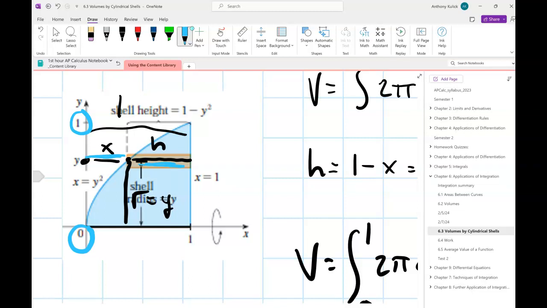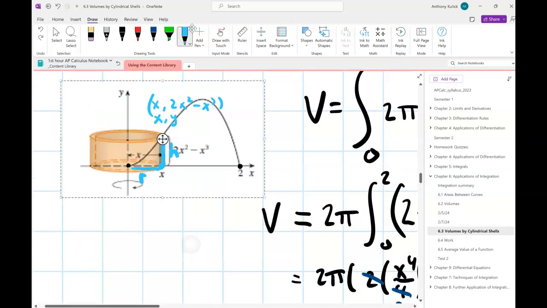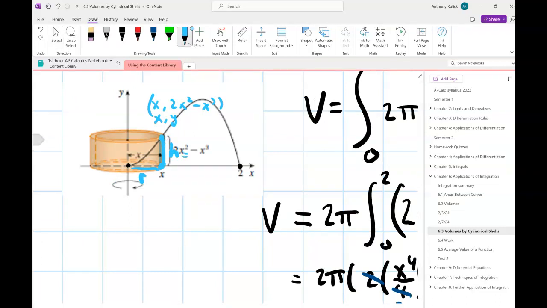Then how is it the height in the first one? Isn't it like a straight line? Well, the height is going to be different depending on the width of your cylinder, right? So if my x is over here, now that's my height. The height is variable. Does that make sense?